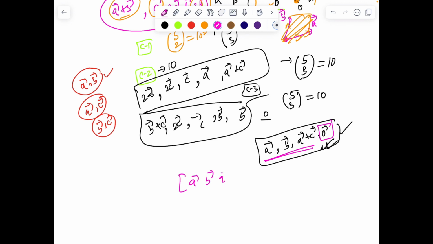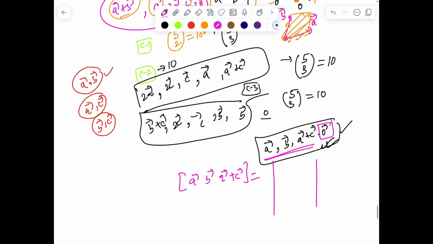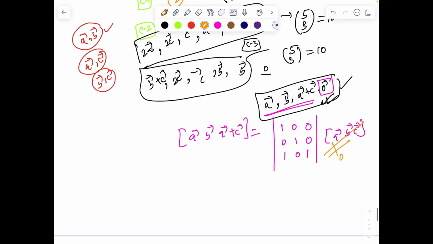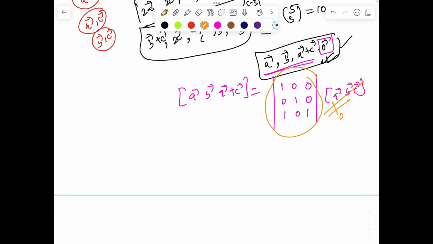Look, if you see the box product of A, B and A plus C, you already know from the box product property that this can be written in that form, the determinant with rows 1 0 0, 0 1 0 and 1 0 1, times the box product of A, B, C. Now since A, B, C are non-coplanar, this quantity is non-zero, right?